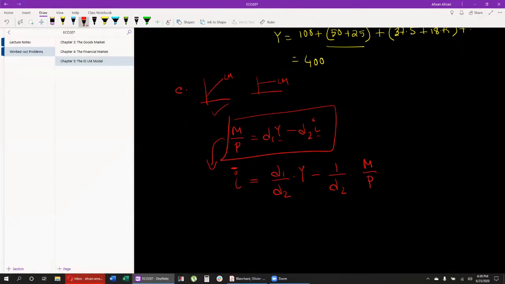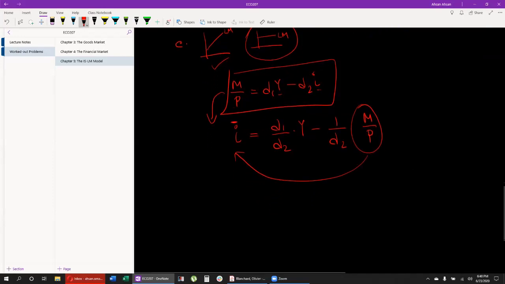Because remember, when we looked at even this LM, we said that the government will hold the interest rate constant. But you can't just decide that the interest rate is going to be, let's say, 5% and just let it stay there. Market forces are going to try and increase or decrease it. So what the government has to do is play around with the money supply and adjust it accordingly to make sure that this interest rate is held constant. So this is the equation for the interest rate.